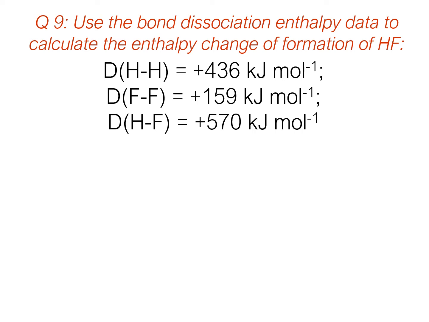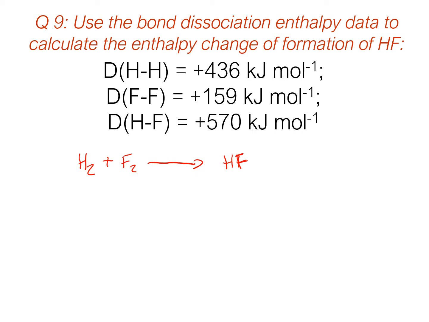So we're going to have to create our own enthalpy diagram first. So we start with the reaction of hydrogen plus molecular fluorine to make a molecule of HF. You remember from the lecture, this is the only hydride that can actually be made by simply combining the gases.